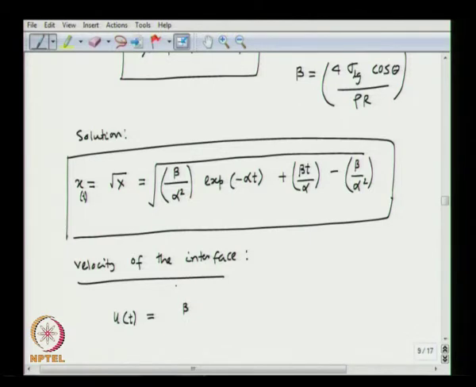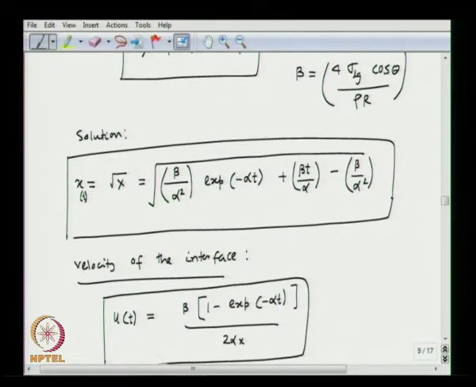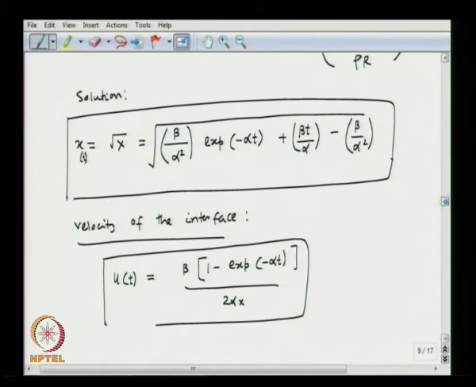So, you can find dx over dt there. So, it will be beta into 1 minus exponential minus alpha t, divided by 2 alpha x. So, that is the expression for the velocity.